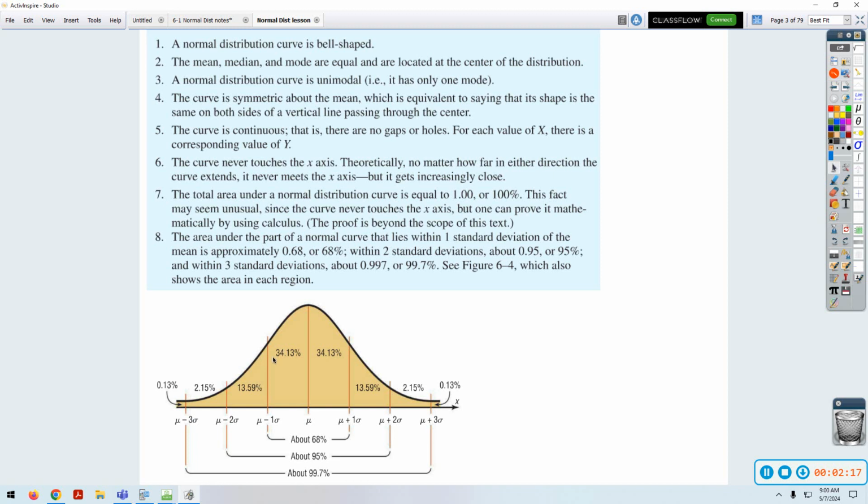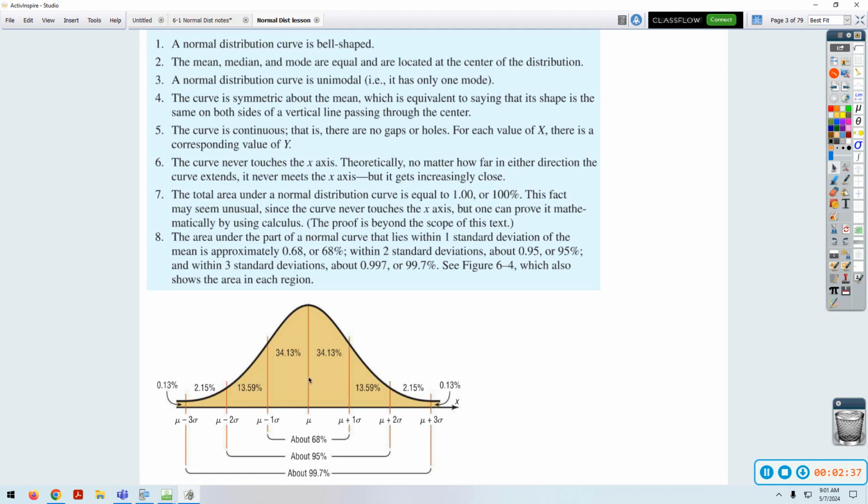We know that the mean, the median, and the mode are all in the center. The mode is the one that occurs the most.